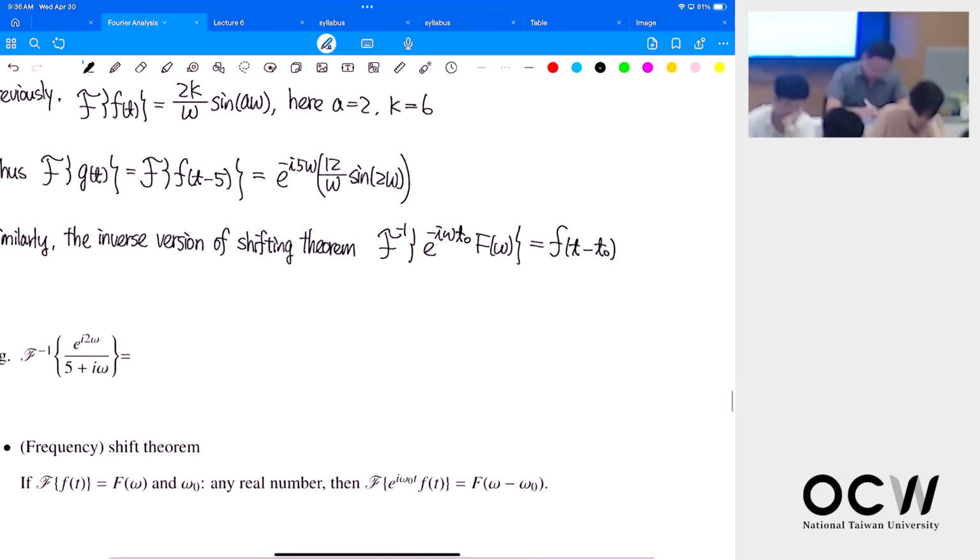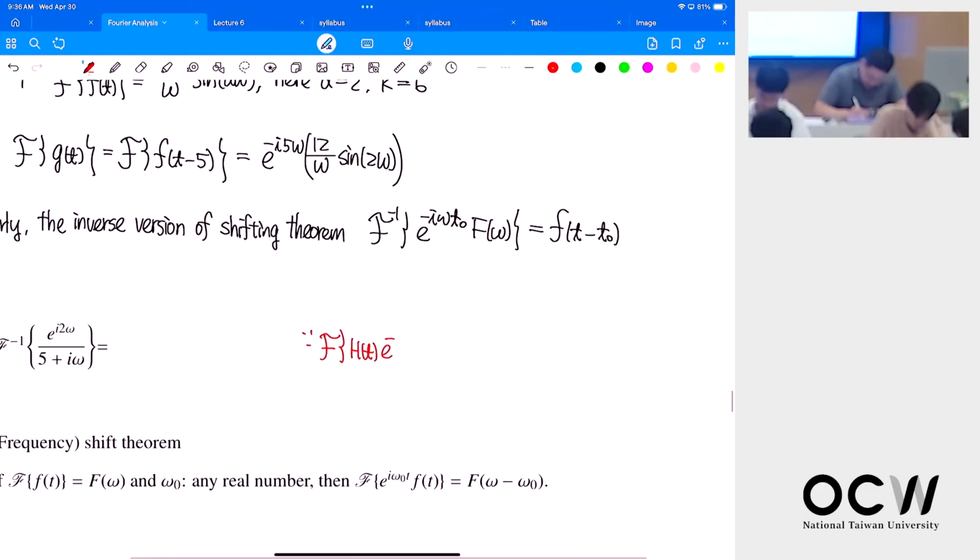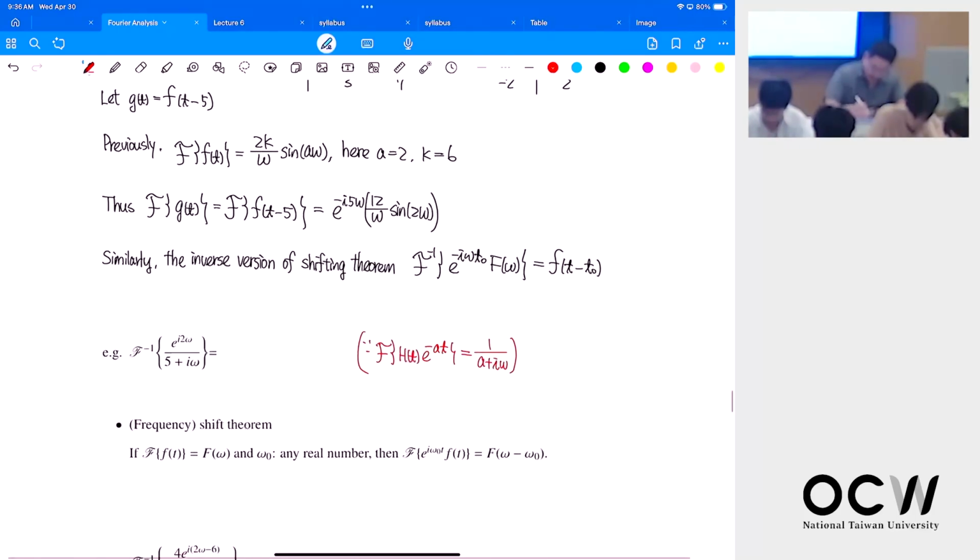So now we know the Fourier transform of the Heaviside function, or the unit step function, times e to the minus at is 1 divided by a plus j omega.